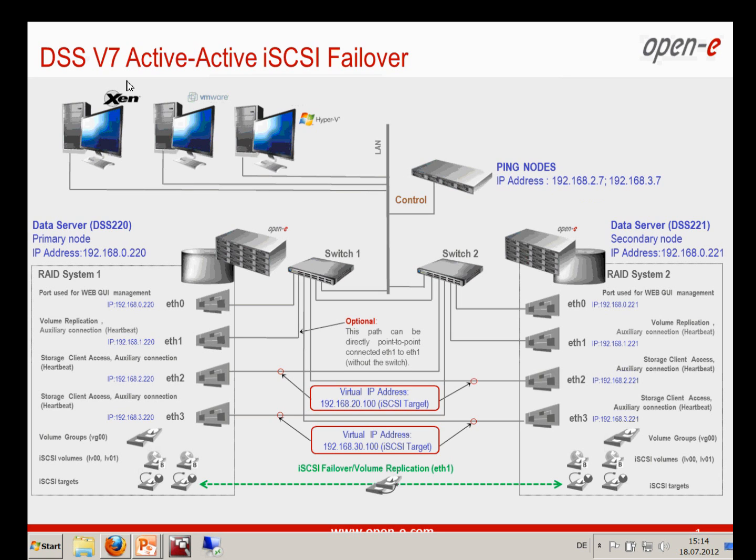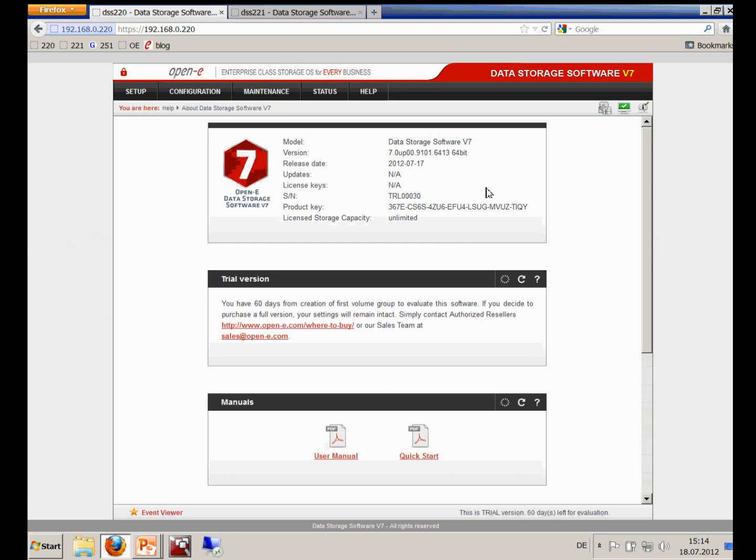We are going to create also 2 ping nodes, and then in the LAN we will have some kind of storage clients. In our presentation we are just going to use a ping to see whether we have access to the cluster, or what happens when we are moving activities of one volume from one server to another one.